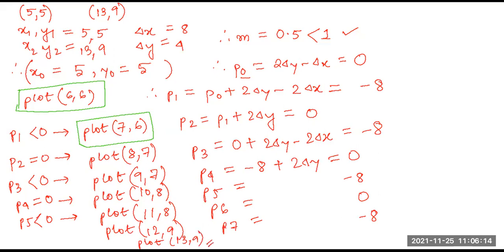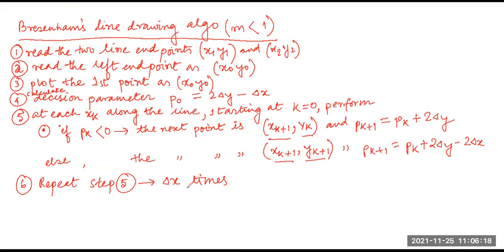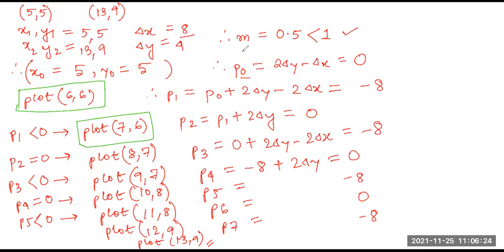Why? Because it says we need to repeat the step del x times. Del x is 8, so from P0 to P7 we have done it, and in between you have got these points. If you notice carefully, you have started from the first endpoint and reached the end point also.